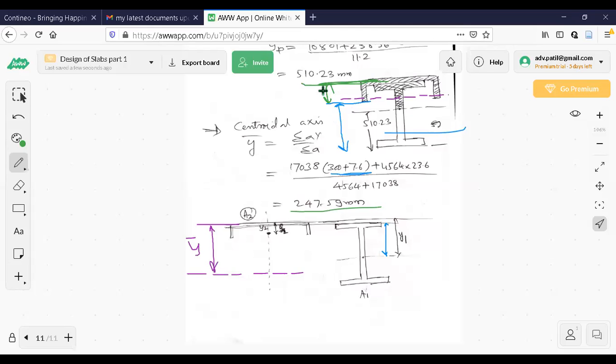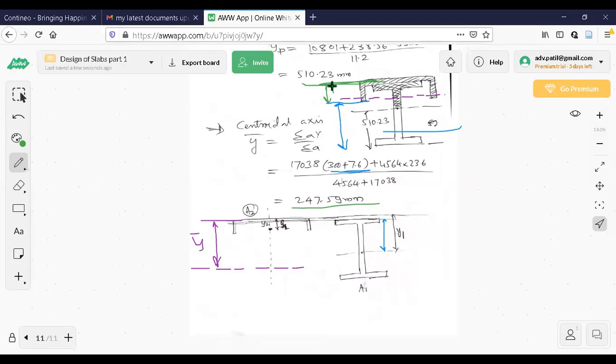I have not done it here, but you can do it very easily. From the top line, you come down by 247.59. From the bottom, you go up by 510.23. From that, you can easily find out whether they are coinciding or whether there is a vertical clearance between these two. That is also important here.